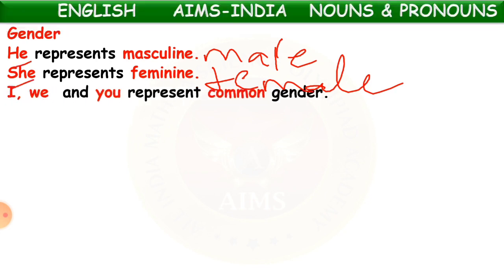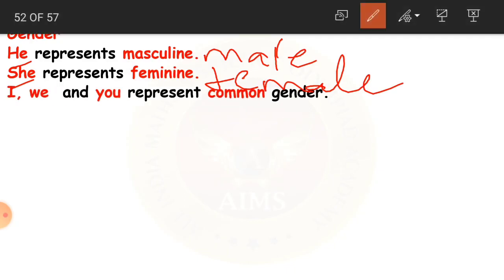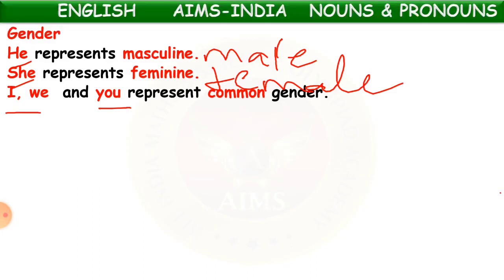And now, I, we or you represent the common gender. Like we also learnt, class, student, teacher, doctor, these are common gender in nouns. So in pronouns, I, we and you represent the common gender.